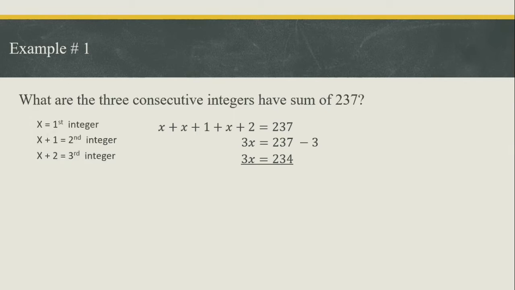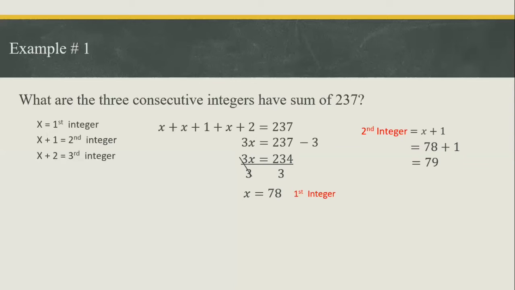We divide both sides by 3, and now the value of x is equal to 78. So this will be our first integer. For the second integer, we just substitute x with 78. So the second integer, x plus 1, is 78 plus 1, and the second integer is 79.